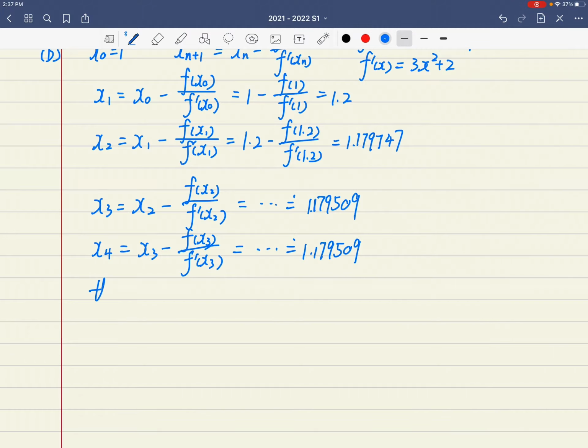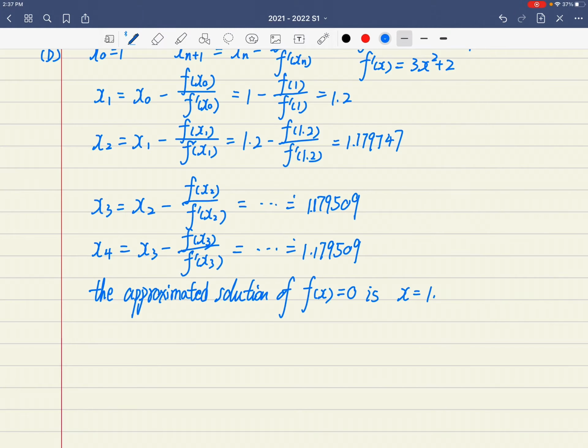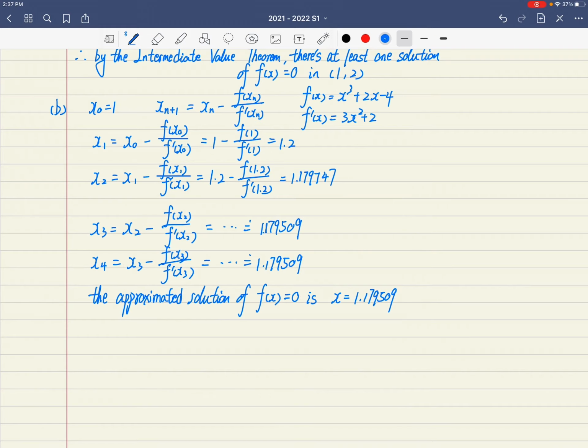The approximated solution of f(x) equal to 0 is x equal to 1.179509.